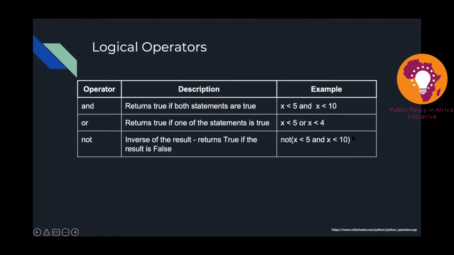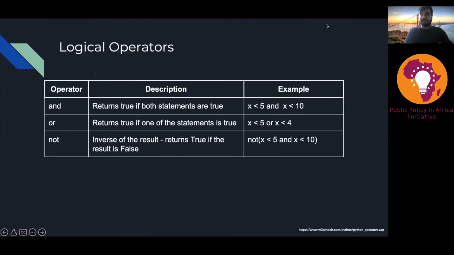And we denote functions with brackets. So if x less than 5 and x less than 10 is a true statement, then not of that statement will be false. Does that make sense to everybody? Are we clear on logical operators?